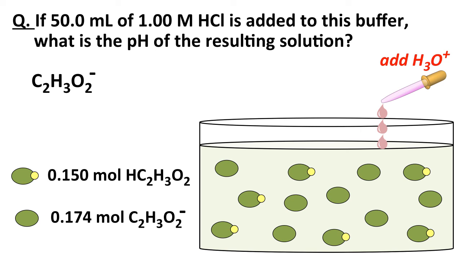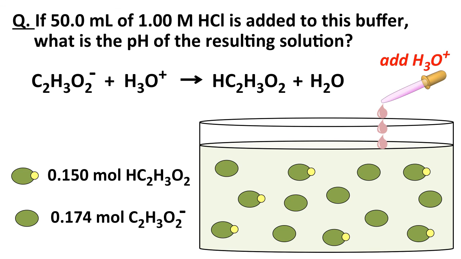Well, the base, the acetate ion, that part of the buffer is what buffers against added acid. So this conjugate base, this acetate ion, will react with added H3O+ to produce some of the conjugate weak acid, acetic acid, and water. And that reaction we can sort of visualize here. We add some H+ ion, and that sticks to an acetate ion and makes some acetic acid.